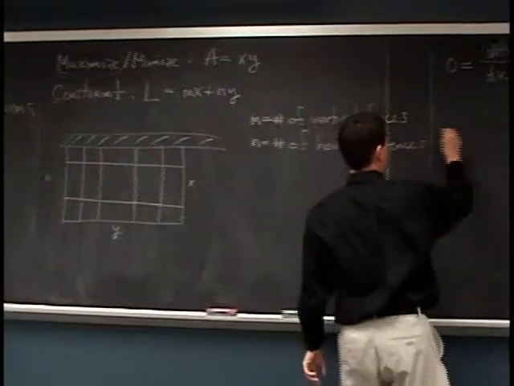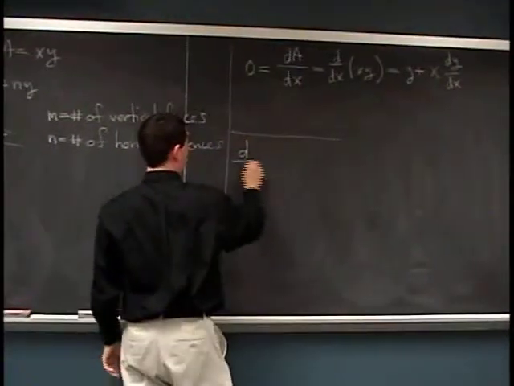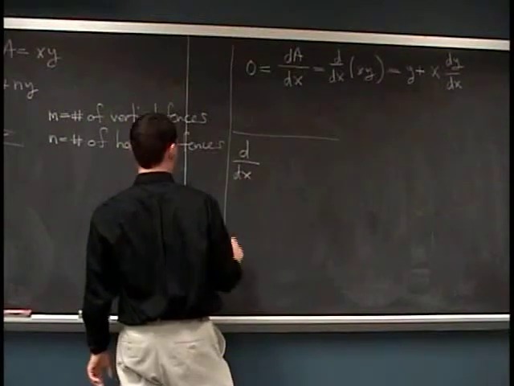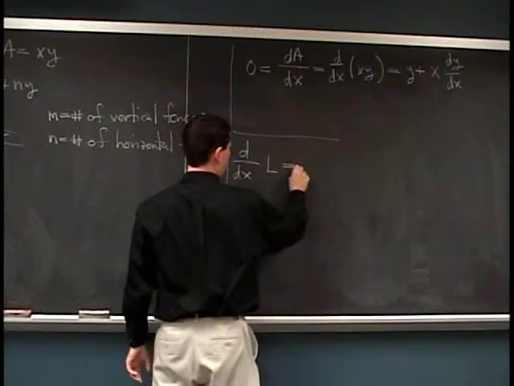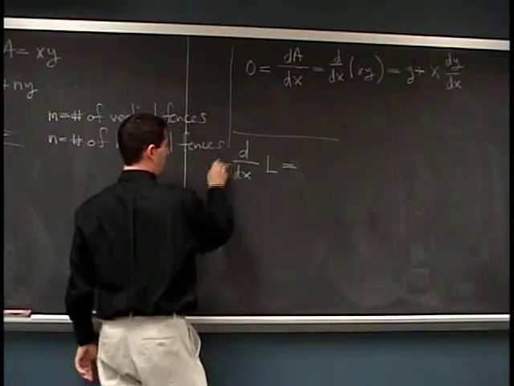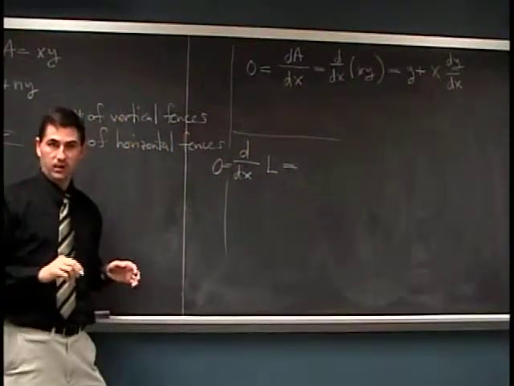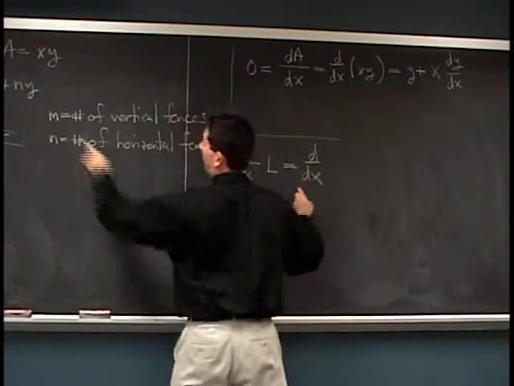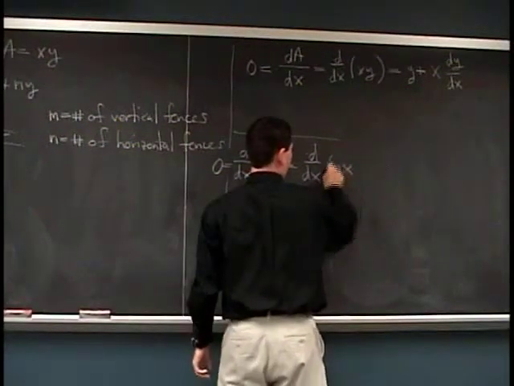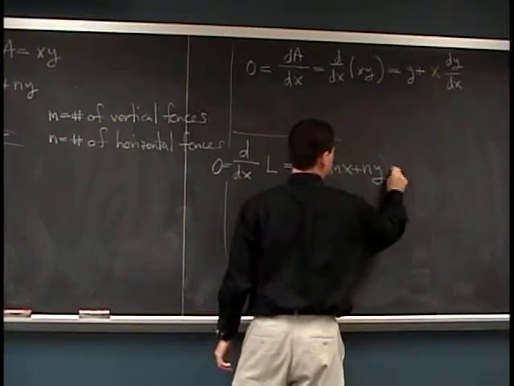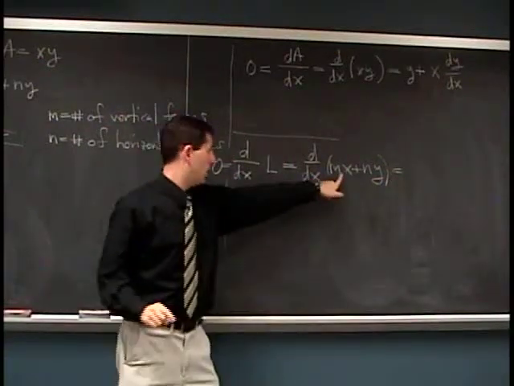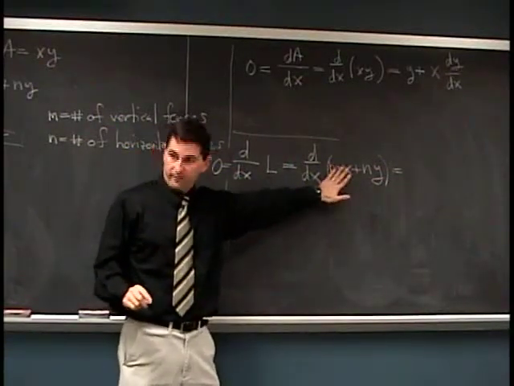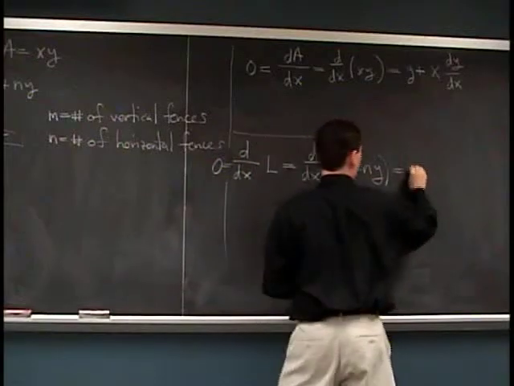So let's do that. Let's make a little room. If we took the derivative of L, of course this would be 0, because L is a constant. Right? L is fixed. It's our constraint. On the other hand, this is equal to the derivative of mx plus ny. Well, m again is constant, so the derivative of mx is just m.